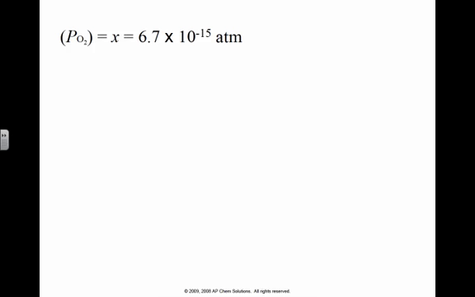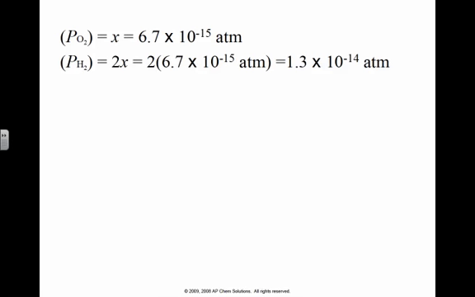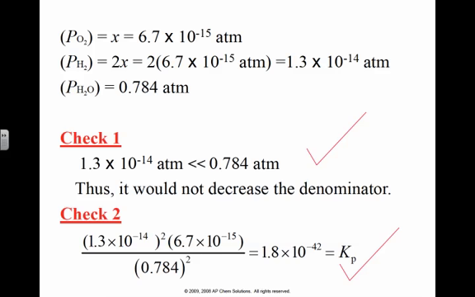That's just x. Remember, hydrogen is going to be 2x, or 1.3 times 10 to the negative 14th. Water is going to be 0.784 minus, and remember it was minus 2x, but this number is so small that if I take 0.784 minus 2x, it's still pretty much 0.784.